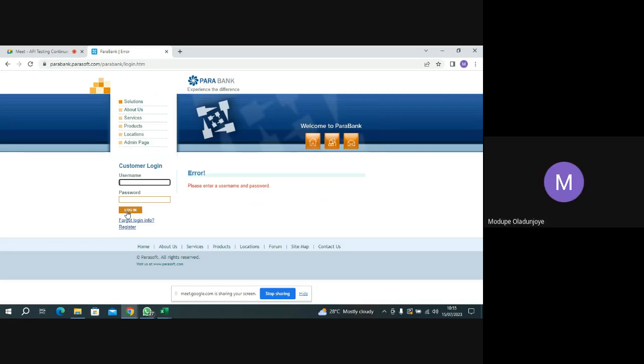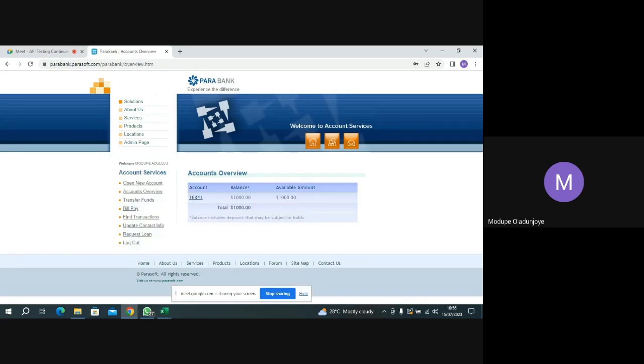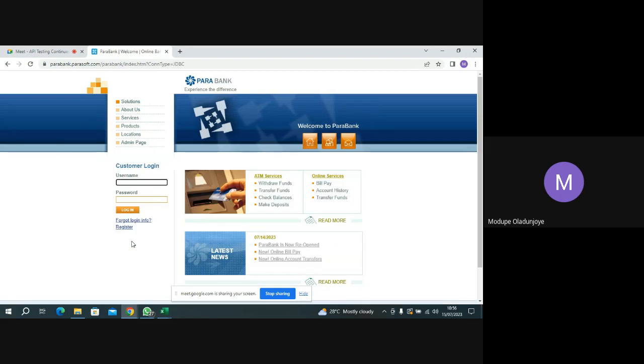Okay. But sometimes, after a while, if there's no activity on the application and you're already registered, when you come back to log in, it won't even see this username and the password again.